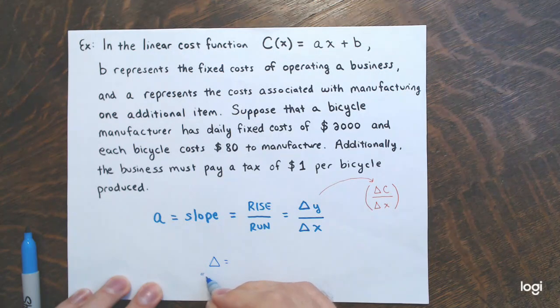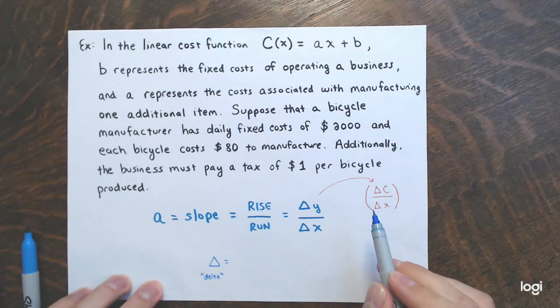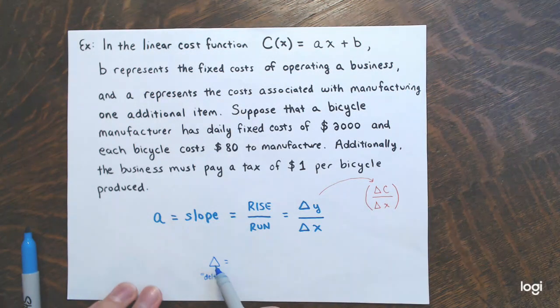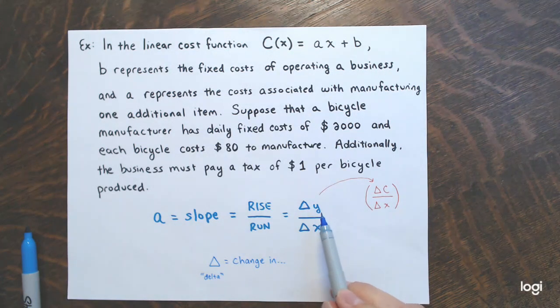This is the Greek letter delta, so you might see people say delta y divided by delta x, or delta C divided by delta x. Whenever you see this, for the most part in mathematics, delta means change in. So it's the change in y divided by how much it changes in x.